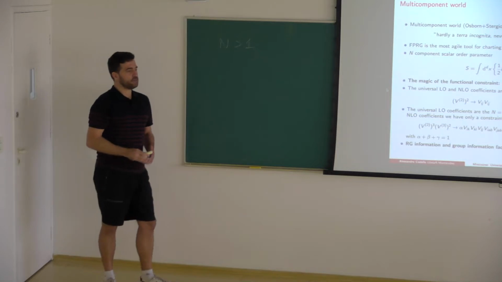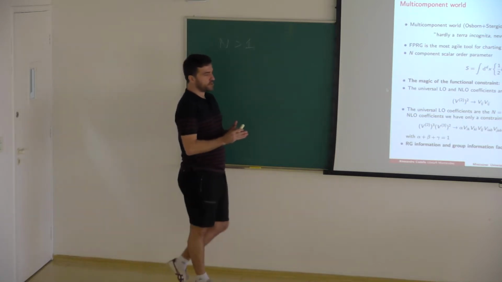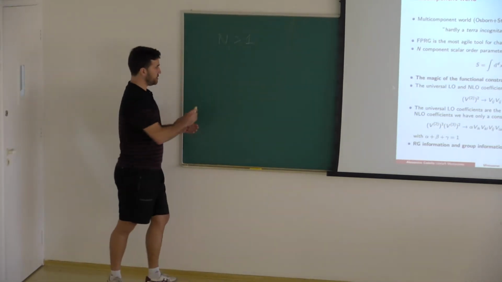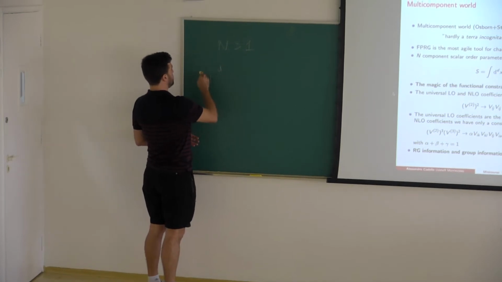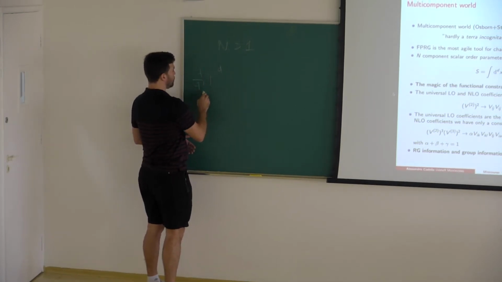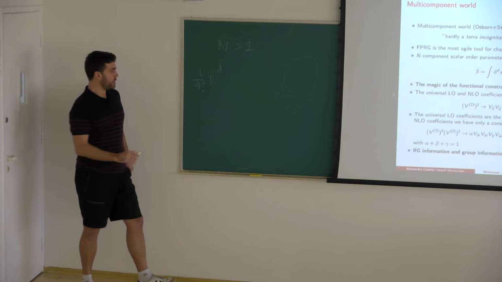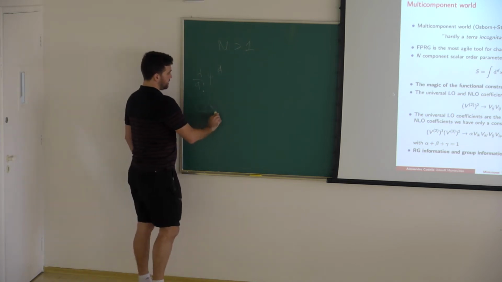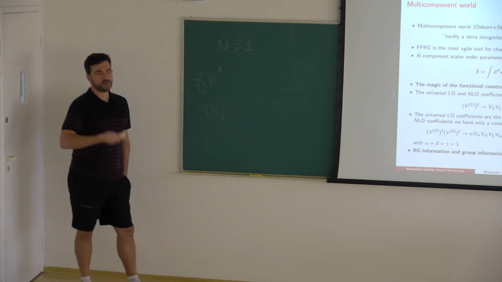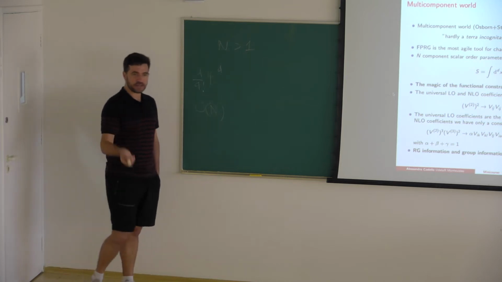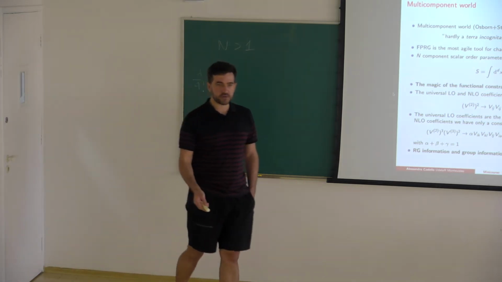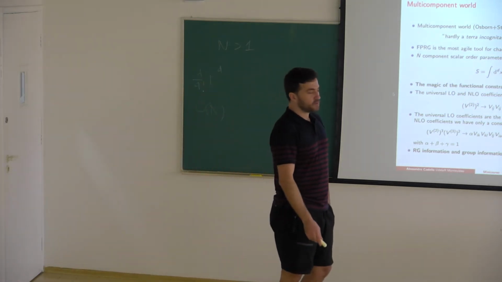Now, in principle, if you have studied the Ising model, the phi to the 4 theory of the Ising model, and you want to go to study the O(N) model, normally what you do is to start over, and you do the computation again. You start looking at the diagrams. You write the Feynman rules. There is no need to do that.